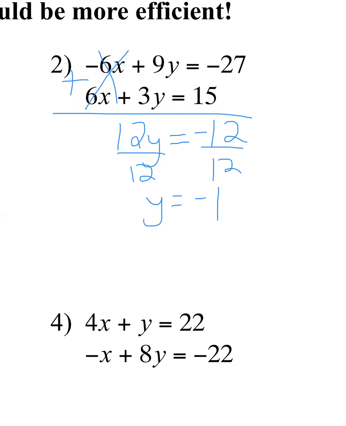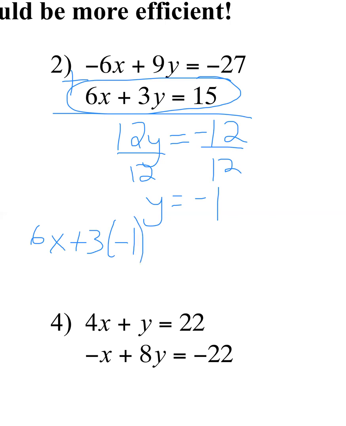Now I can go back to one of the originals. Remember, for the originals, it's the whole thing. I know I crossed stuff out, but you go back to one of your originals. I'll actually pick this one. 6x plus 3 times negative 1 is my y value, equals 15.